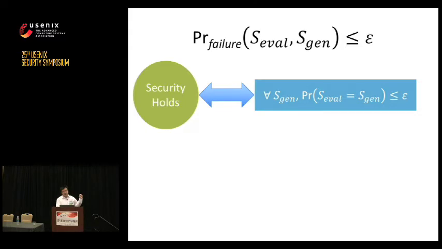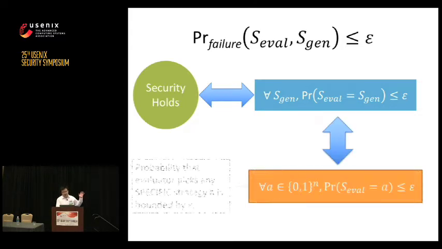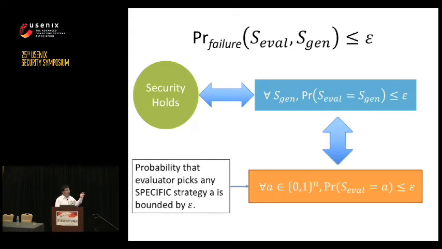It's not hard to see that this formulation is equivalent to the constraint on the random variable S_eval, that any n-bit string won't be picked by the evaluator with probability more than epsilon. Or you can say the probability that the evaluator picks any specific strategy A is bounded by epsilon.